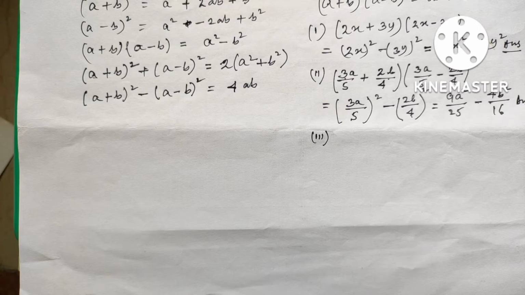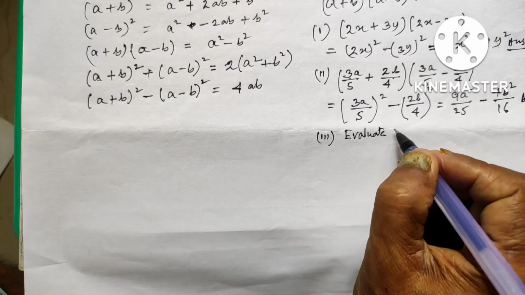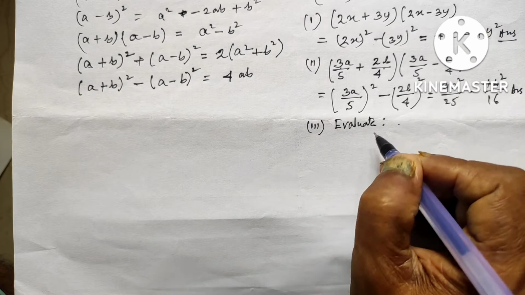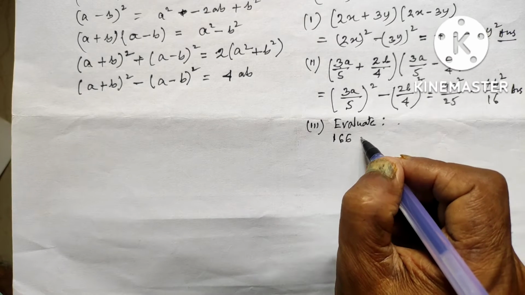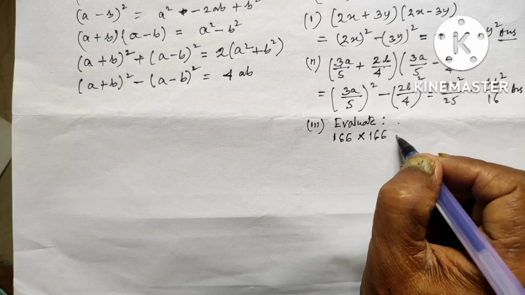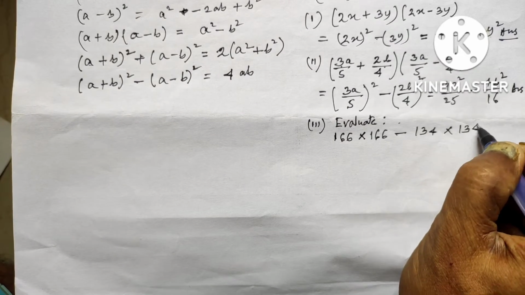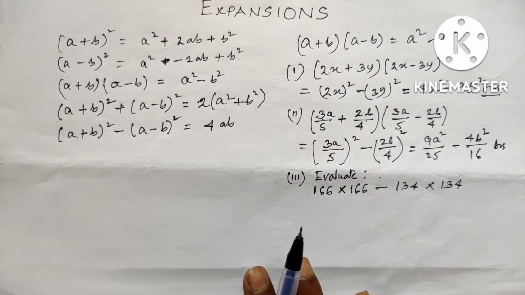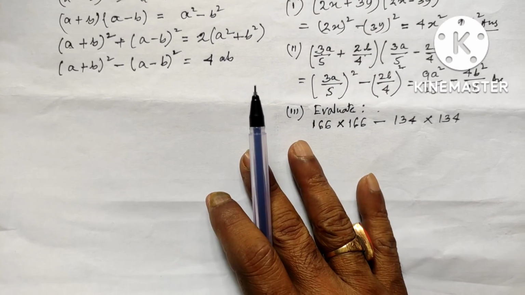Here I am writing: evaluate 166 into 166 minus 134 into 134. So you are going to apply this very formula, remember it. This very formula we are applying, so it is written in this way. So now let us do it.